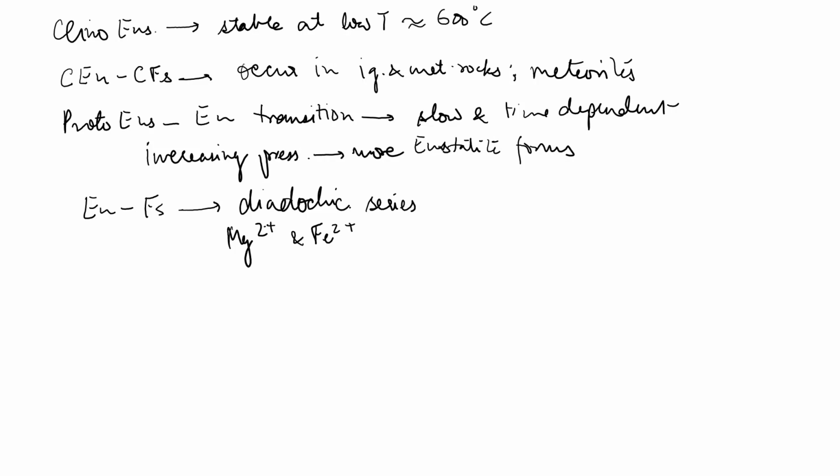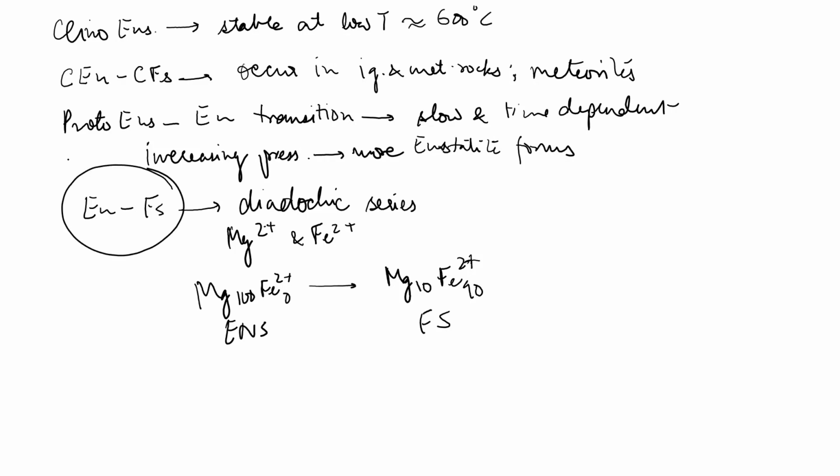So what is the compositional range? They are mutually replaceable, from Mg100 Fe2+ 0, which is a complete orthoenstatite, to Mg10 Fe2+ 90. Now it has moved from enstatite to ferrosilite. So these are the end members of this series.